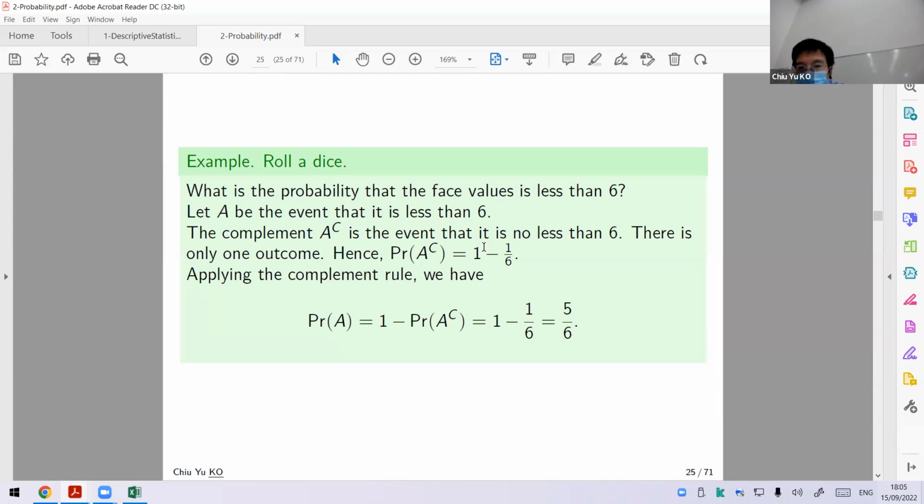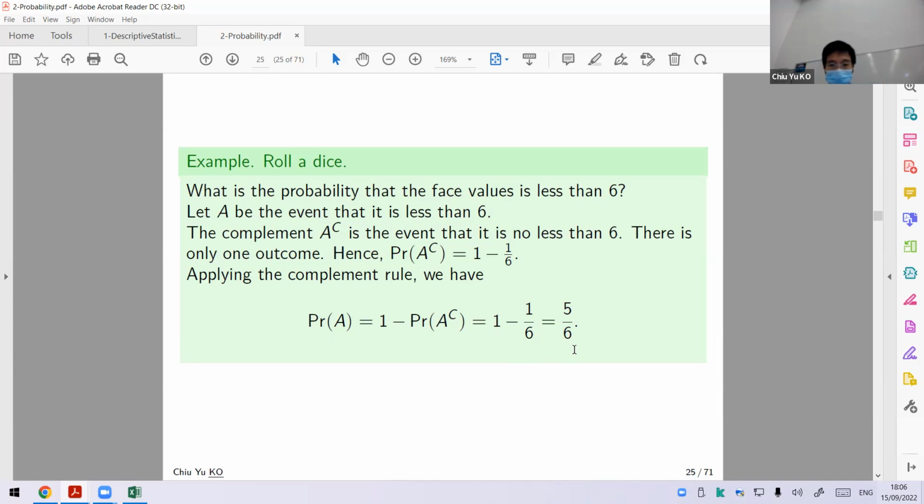You have to count the die showing 5, 4, 3, 2, 1, so you have to count 5 outcomes. But the other way around is to look at the complement, not less than 6. In that case, there is only one outcome. So the probability is 1 minus 1 over 6, which is 5 over 6.